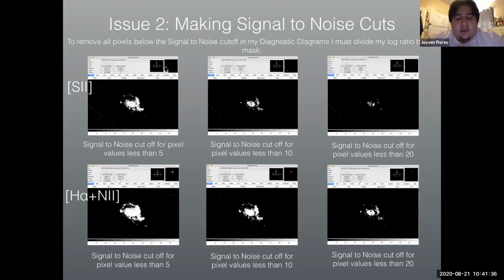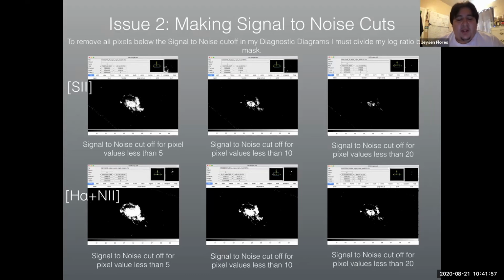So the three images above are for the sulfur 2, a mask for the sulfur 2 image of the Hubble data. And the bottom three images are a mask for the Hubble image of the H alpha plus nitrogen 2 data.